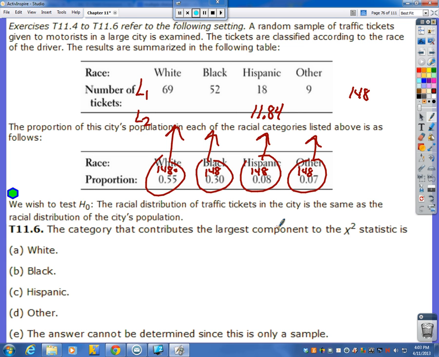So that first entry, do 148 times 0.55, and it'll tell you it's 81.4. For the next one down, do 148 times 0.3. It's 44.4. We can, again, do the 148 times 0.08, and we get 11.84. 148 times 0.07, 10.36. So there's all of our expected counts.